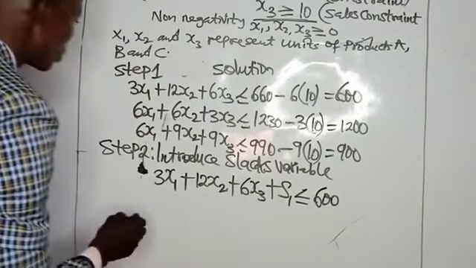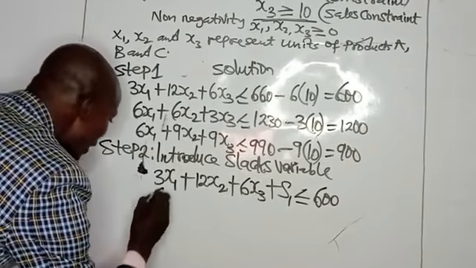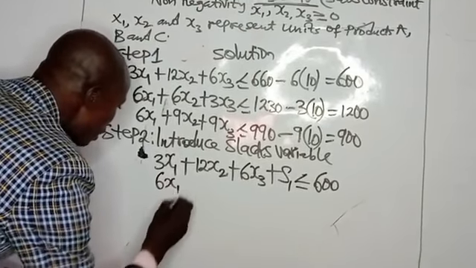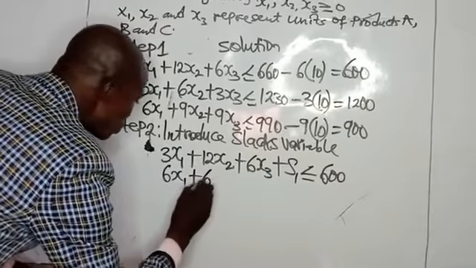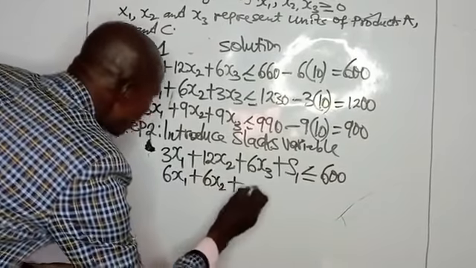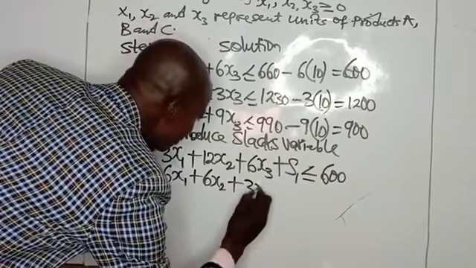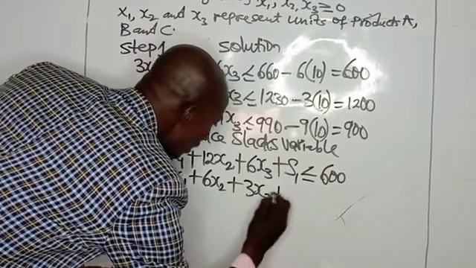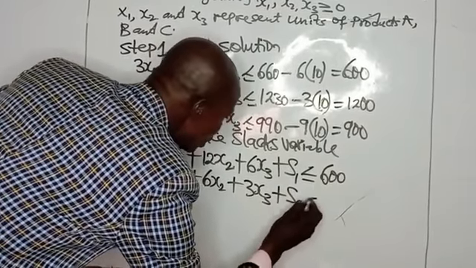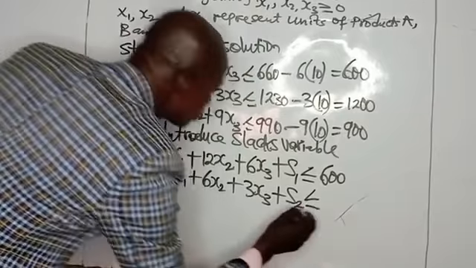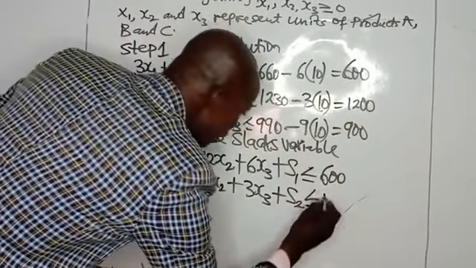Then the second constraint, we have 6x1 plus 6x2 plus 3x3 plus slack 2 less than or equal to, we are left with 1,200.